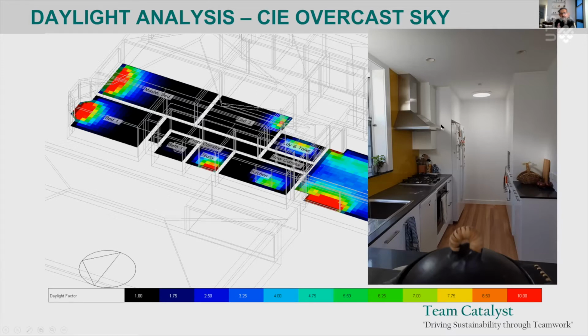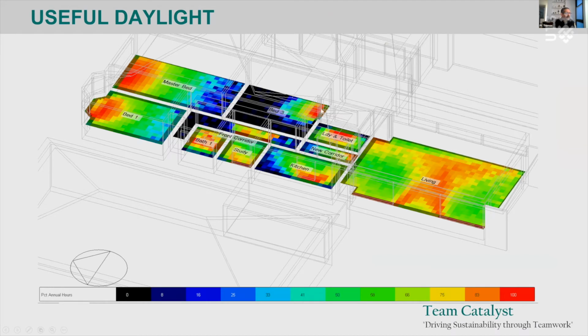Now, recently we went back and did a second model, something that wasn't available at the time when we did these analyses, to look at, well, what can we say about daylight across the year rather than at that one point in time for an overcast sky. So now you've got a way of looking at useful daylight and how you can utilize it. So what you can do is you can put a range.